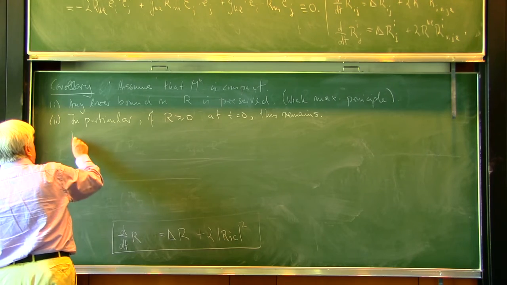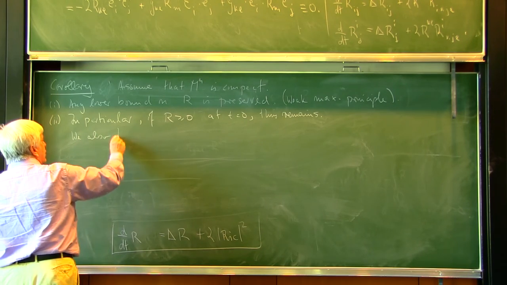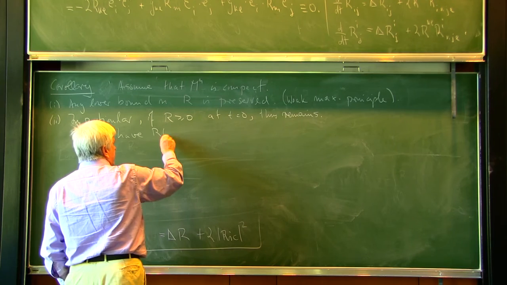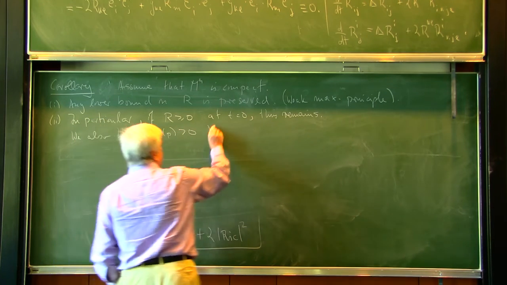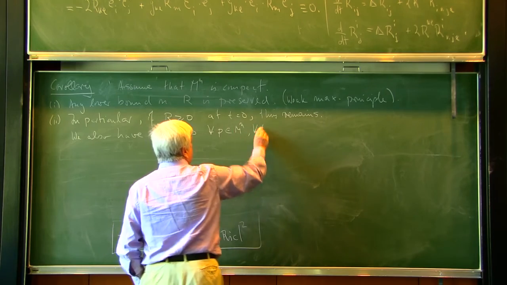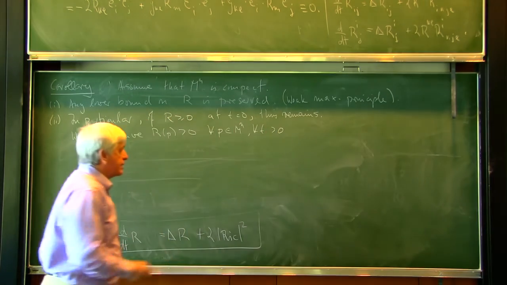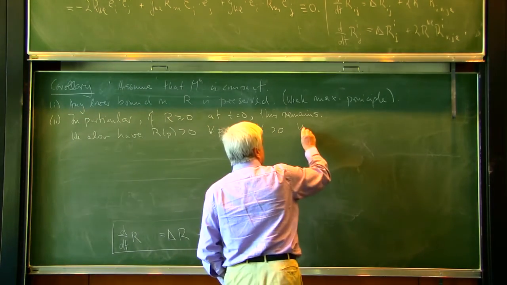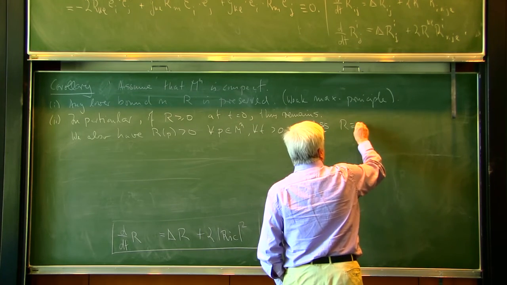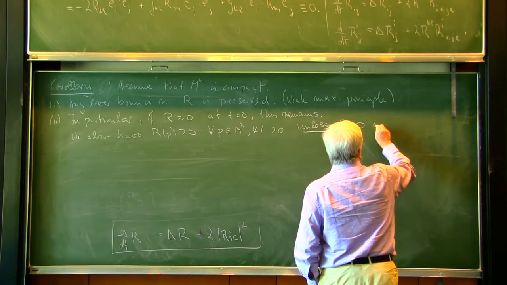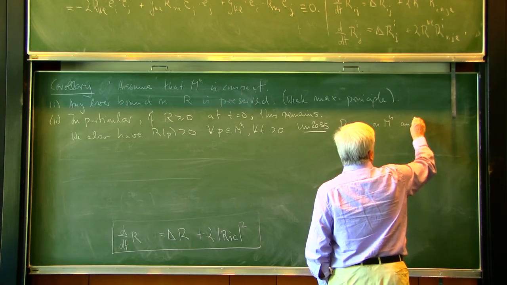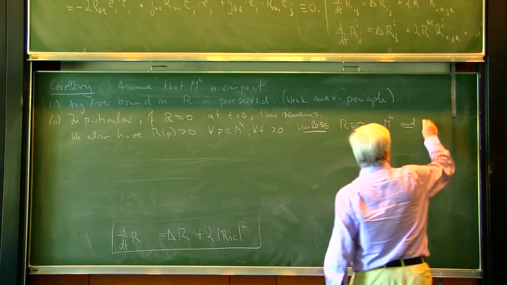So we also have that the scalar curvature at P is strictly bigger than 0 for all P in M^n and all t strictly bigger than 0, unless R is identically equal to 0 on M^n, and in fact the right hand side is identically 0.